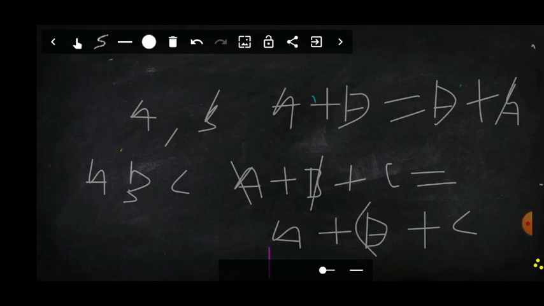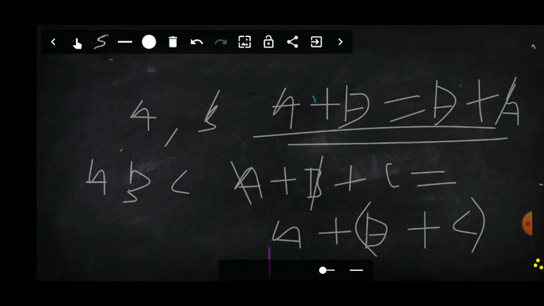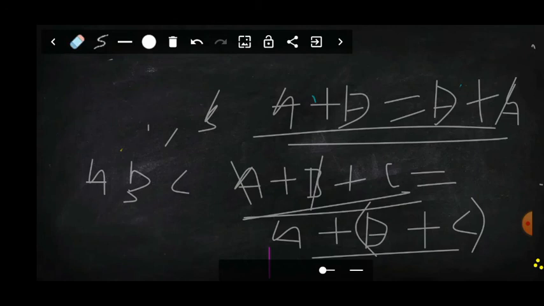That means if we initially add B and C, and then add A to that, that also gives the same result. That is, vector addition is commutative and vector addition is associative. Also keep in mind that vector addition satisfies these properties.